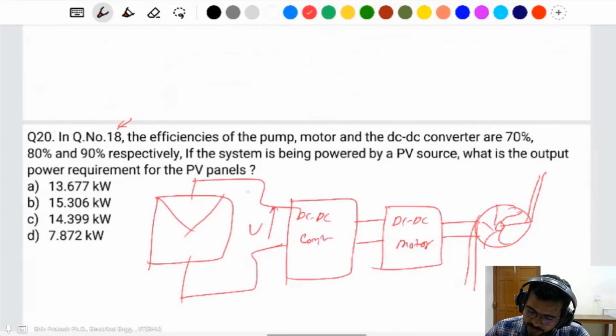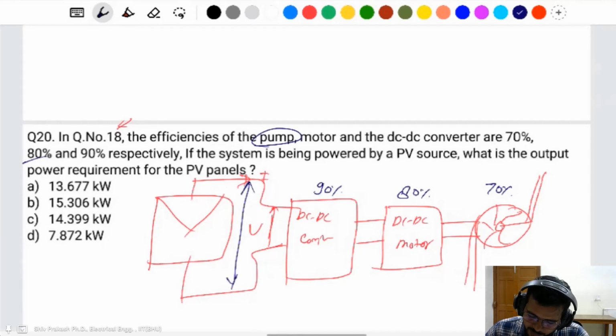There is some voltage, then current. Pump efficiency is 70%, motor efficiency is 80%, DC converter efficiency is 90%. Then what is the power of the PV panel, PVP, asked in the question?